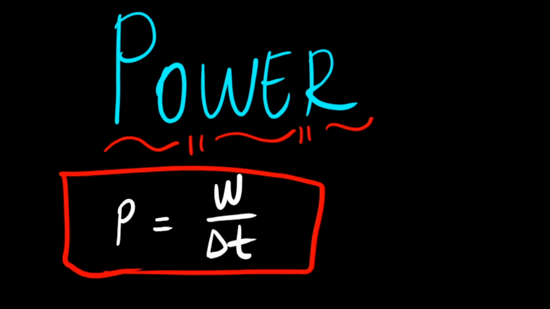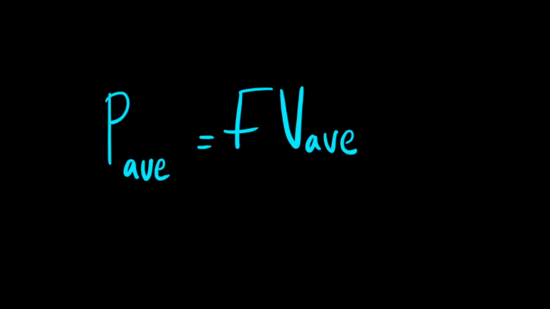Now write this equation down. We do have another equation. Let's say we have a force acting on an object, and the object is moving at a constant speed, which is the average velocity, and then we want to calculate the average power. We use this equation.